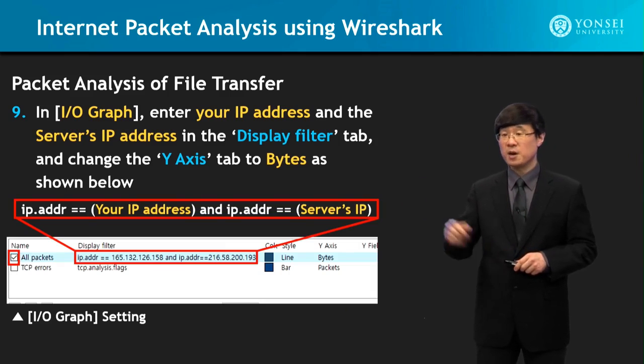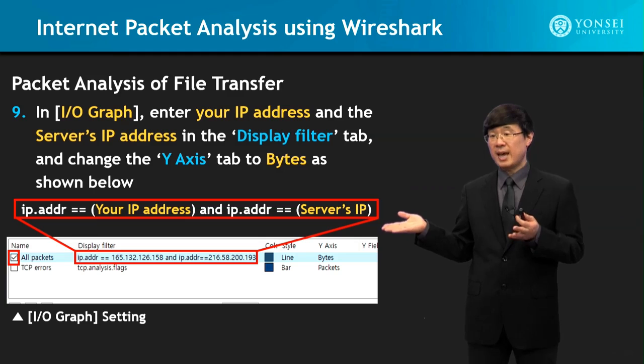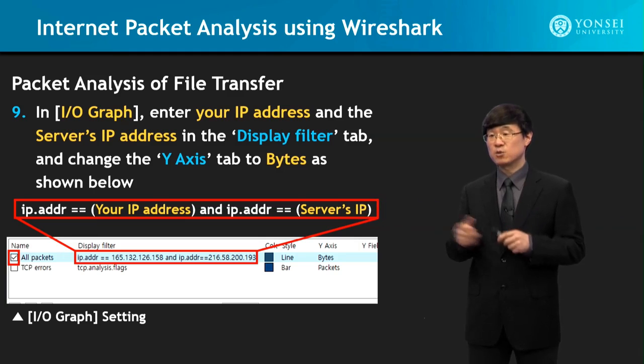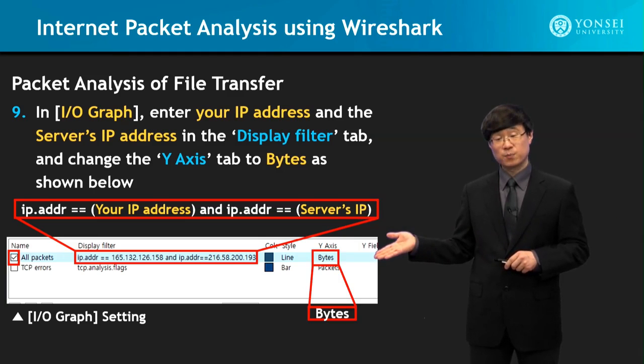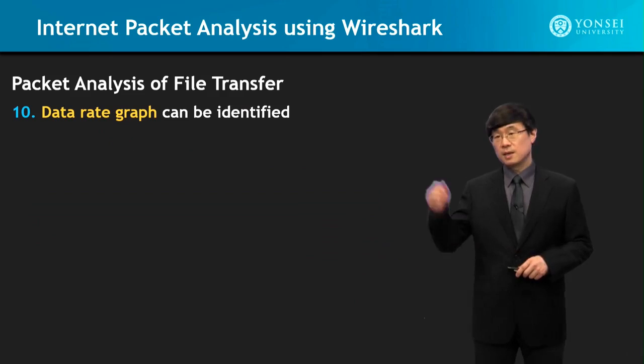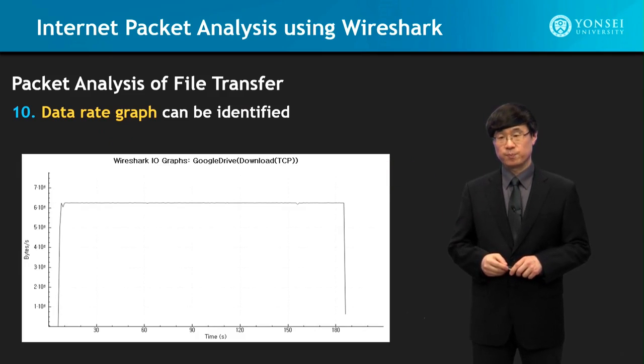What I mean is, first, this is the part right here where you put the server's IP address. In addition, you change this part to bytes, which is the y-axis. And now we can check the data rate graph, which looks like this.